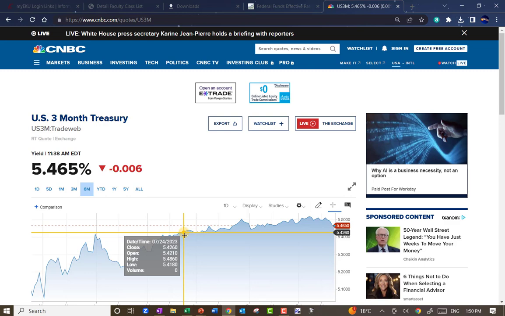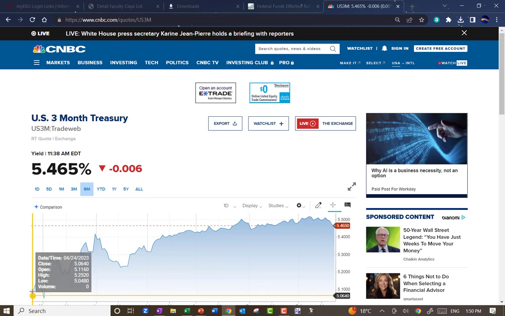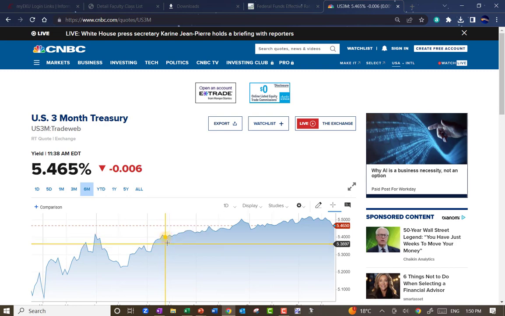You know, that's going to be relatively similar, but my second payment now is going to be based on 5.465. Or had I done this 6 months ago, my first payment was going to be 5.064. Second payment based on 542, third payment based on 546.